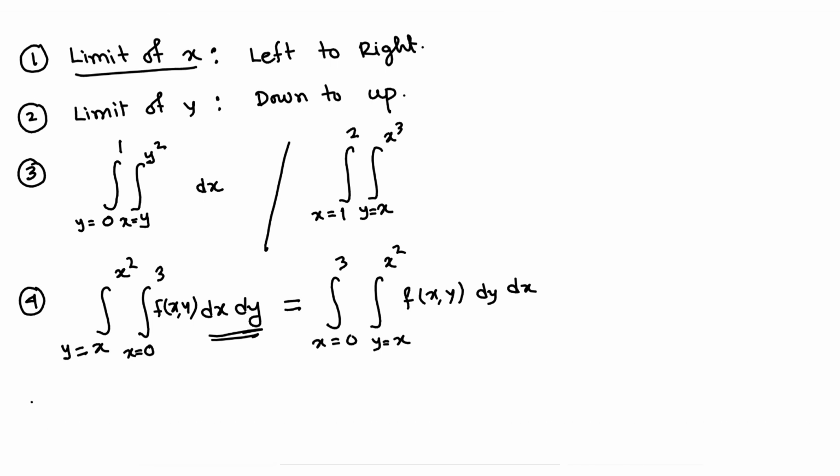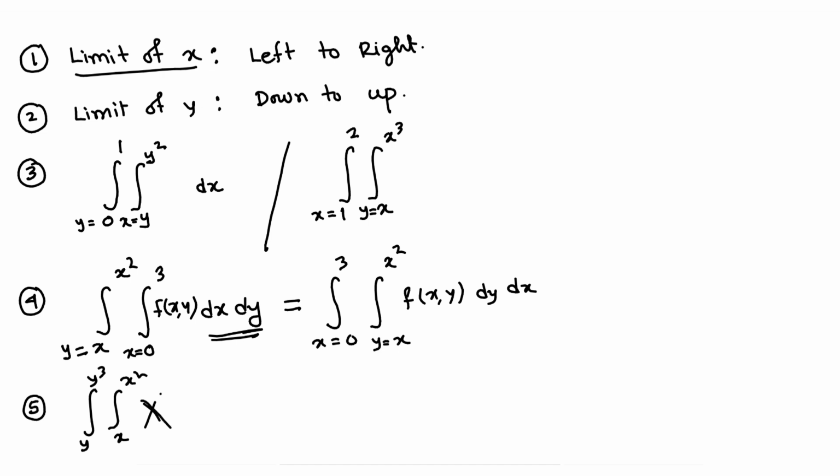Remember, you will never get this type of case where both the integrations have variable limits. This is not possible. Let's say this is x to x squared and this is y to y cube. This is not possible. There must be one limit with finite or numerical values.